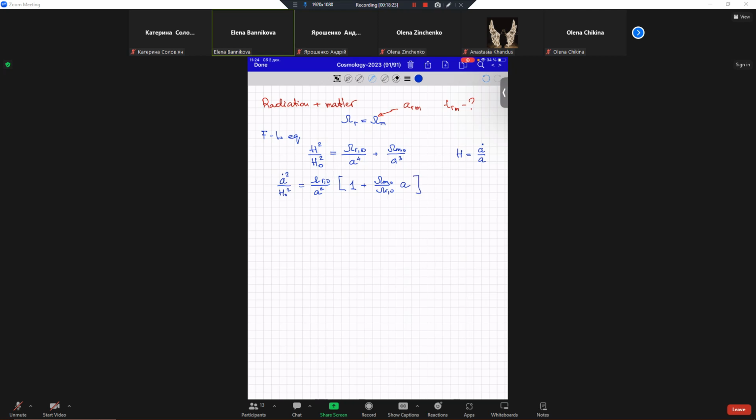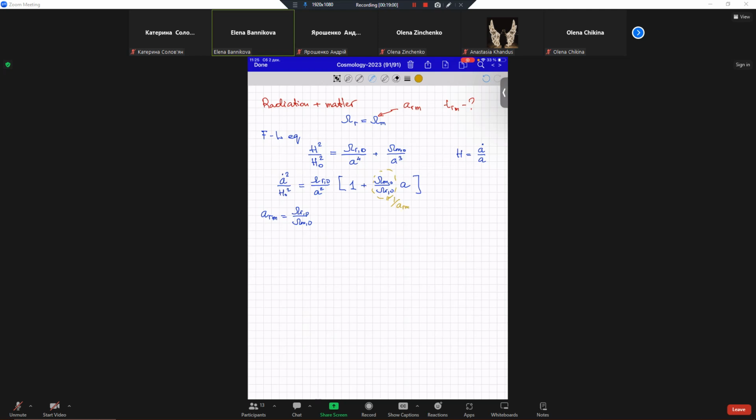So now we can take into account that we found before that the scale factor for this moment, going from the radiation stage to the matter stage, is omega r0 divided by omega m0. Okay, so in this case this is equal to 1 divided by ARM.